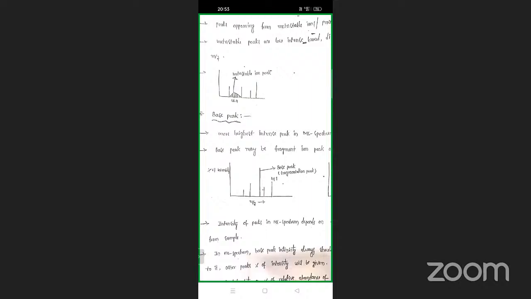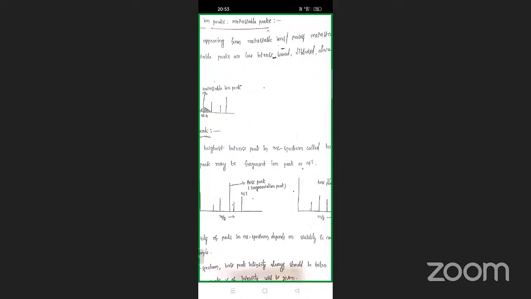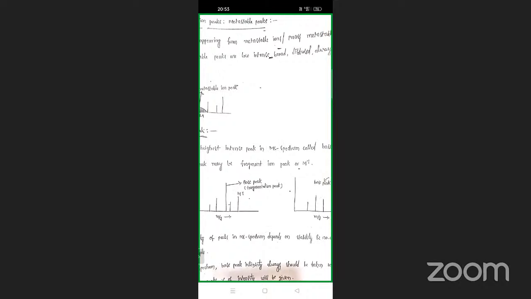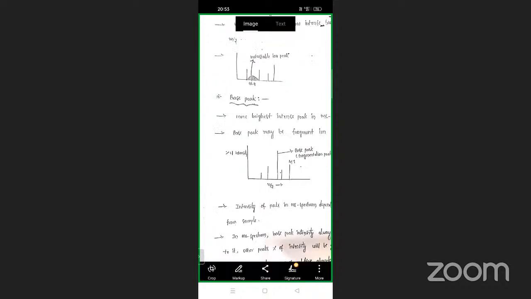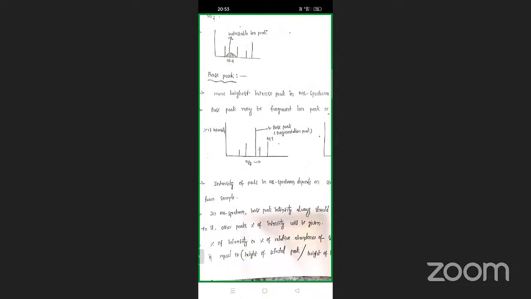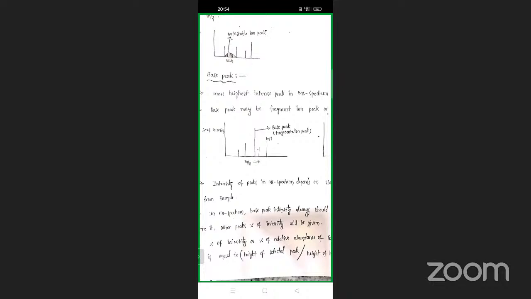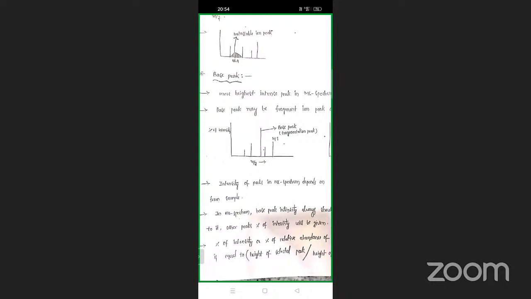Generally it is a broad peak and very diffuse. Diffuse means you see this kind of broadness here, and a very low intensity peak. And the base peak is the highest intensity peak in the mass spectrum.